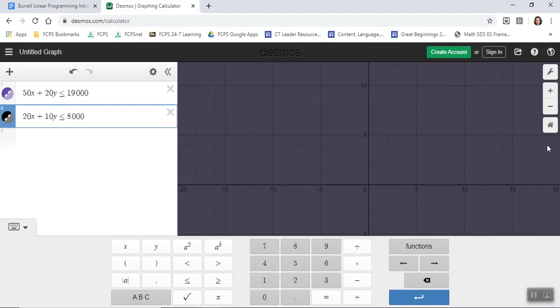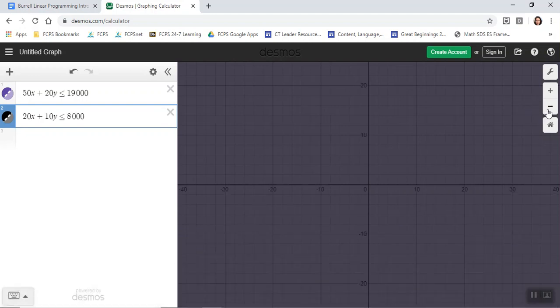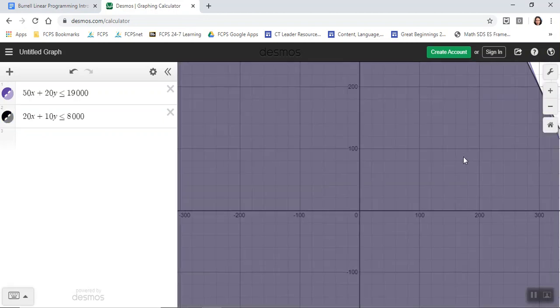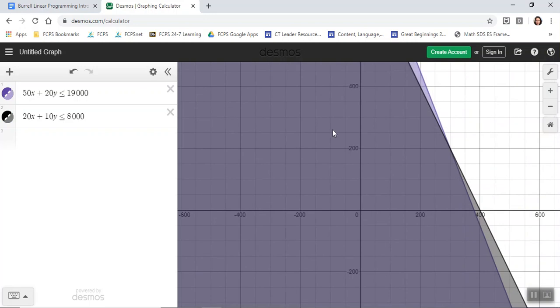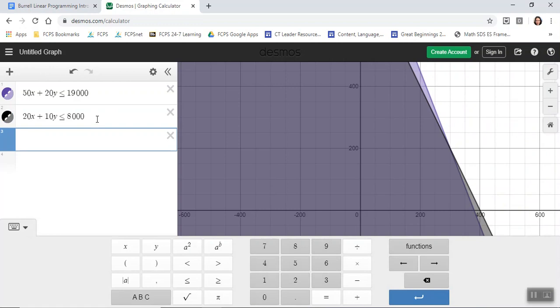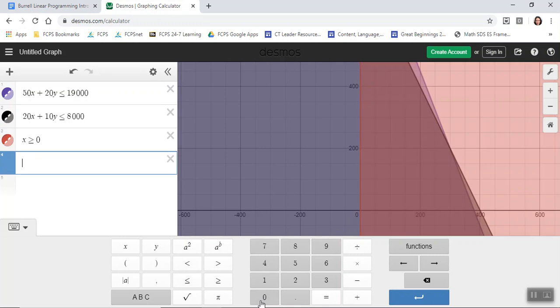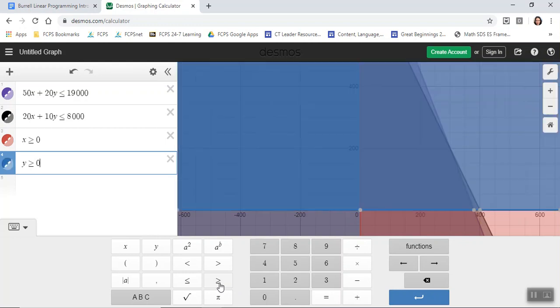Zoom out so we can see it. Okay, and then we were going to add in x is greater than or equal to 0, and y is greater than or equal to 0.